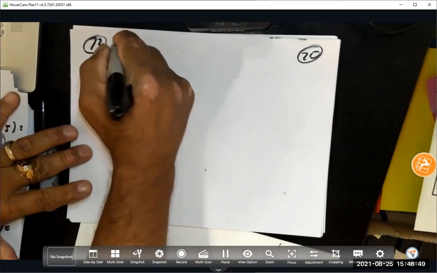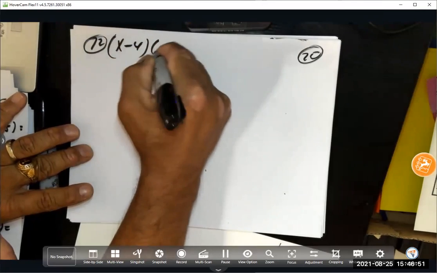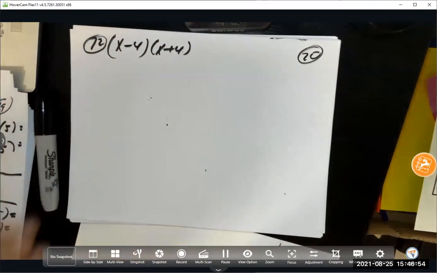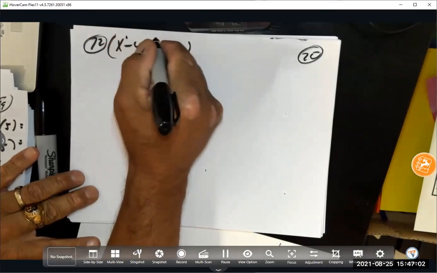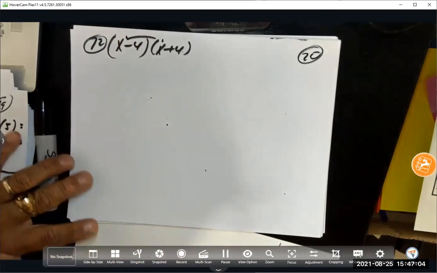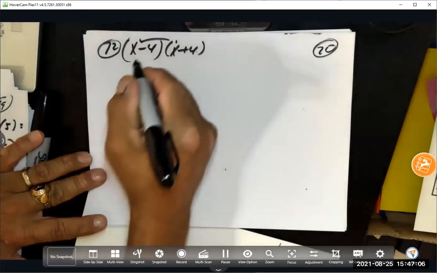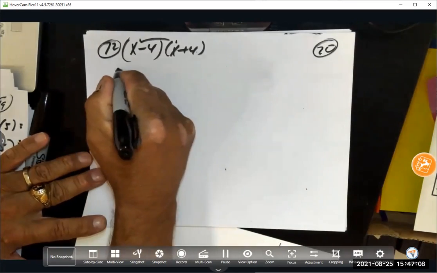It says x minus 4, x plus 4. Ready? So, what is x times x? X squared, got it.